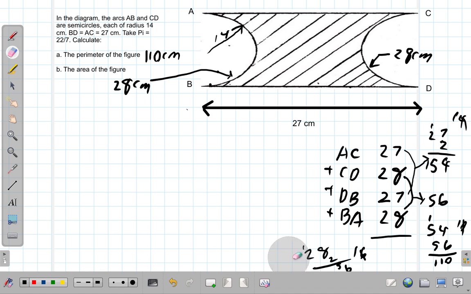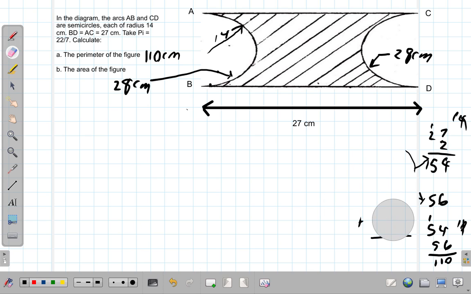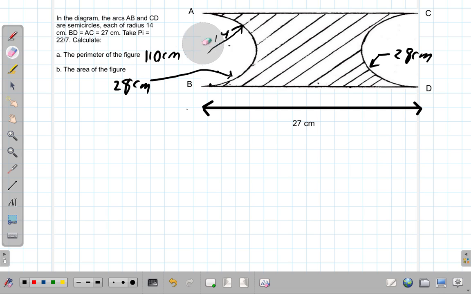So we have this part down. We don't need these 28s anymore. Alright, the area of the figure. Now, that's going to be a bit tricky. Let's see something here.